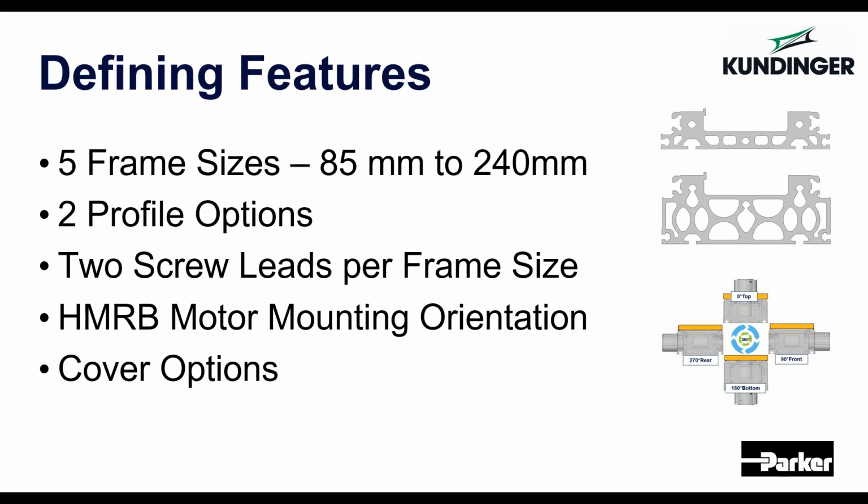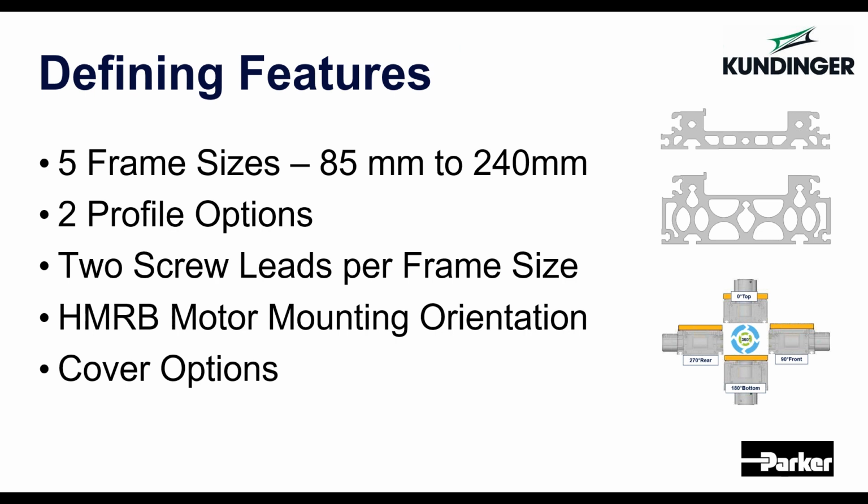2 screw leads per frame size. So again, why do we offer 2 different leads? Really, it comes down to speed and stroke. The critical shaft speed of a screw is a constant value. If I have 2 screws with different leads that are the same length and the same diameter, they're going to have the same critical shaft speed, measured in revolutions per second.